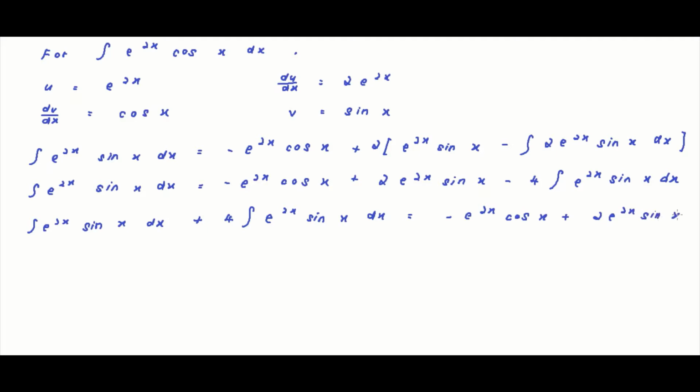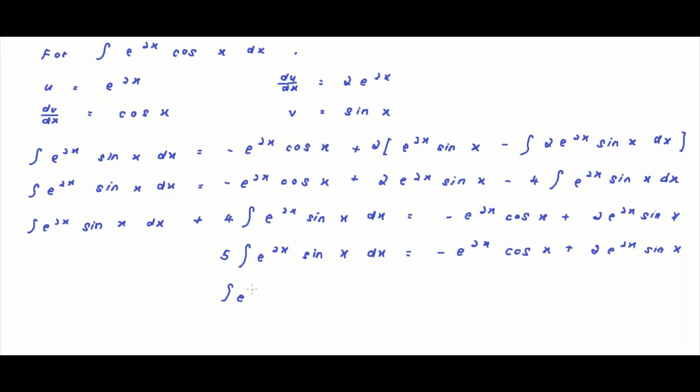So 1 plus 4, you get 5. Right? So what can you do with the 5? Because what we want to find, this is what we want to find, right? We don't want to find 5 times of that. So when we move it to the other side, it will become divide. So this is how you will get to your answer.